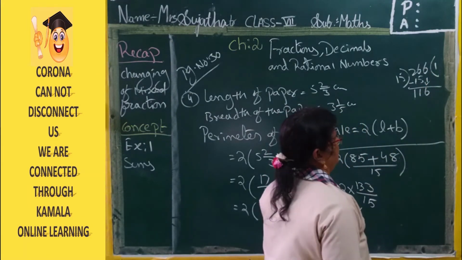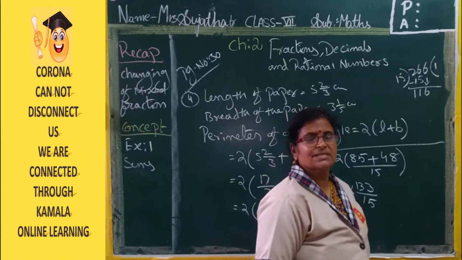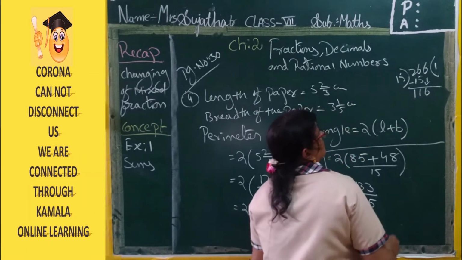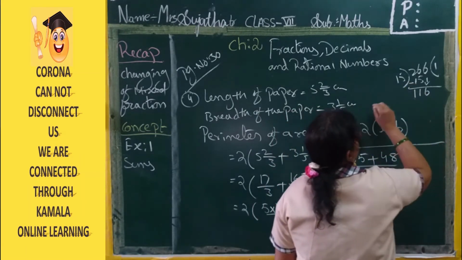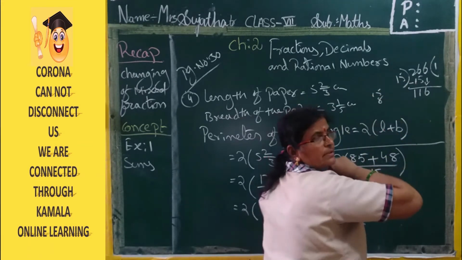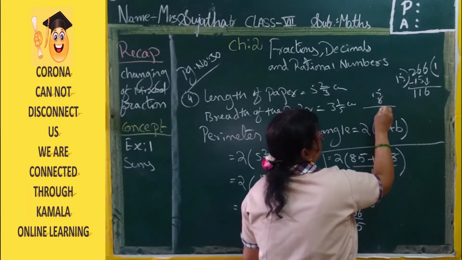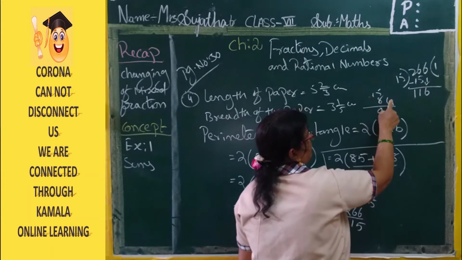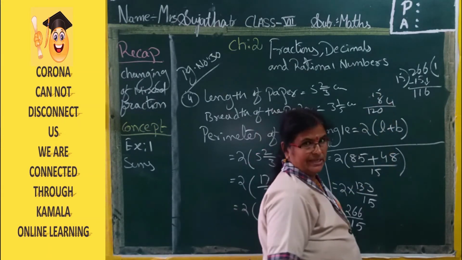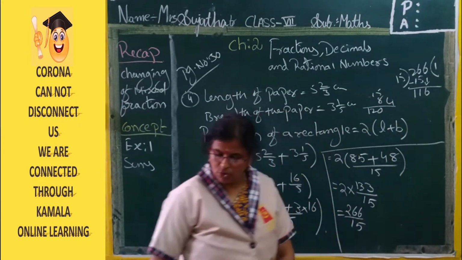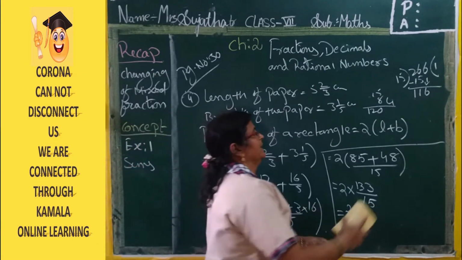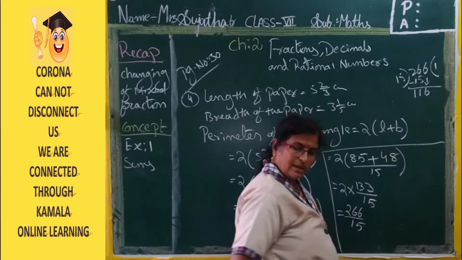Now 116. In the 15 table, how many times will 116 go? Suppose we see 8. 8 5s are 40, 8 1s are 8 plus 4, 12. 120. It is too much. So don't take more than that. You have to take equal or less.